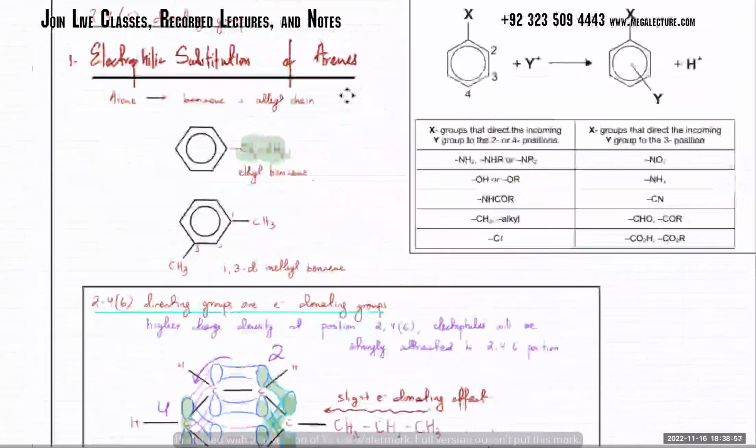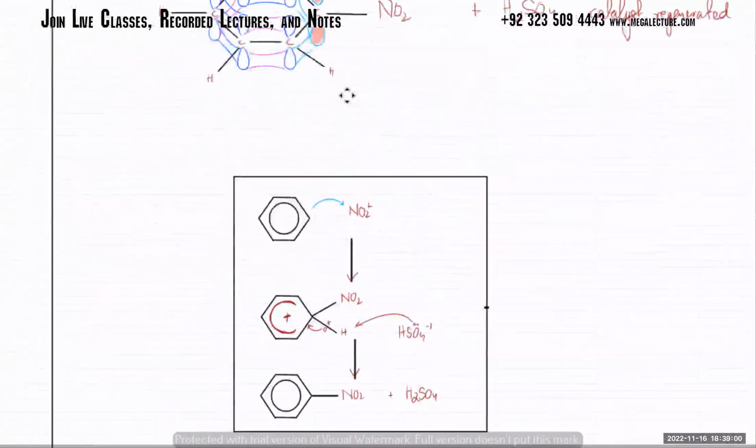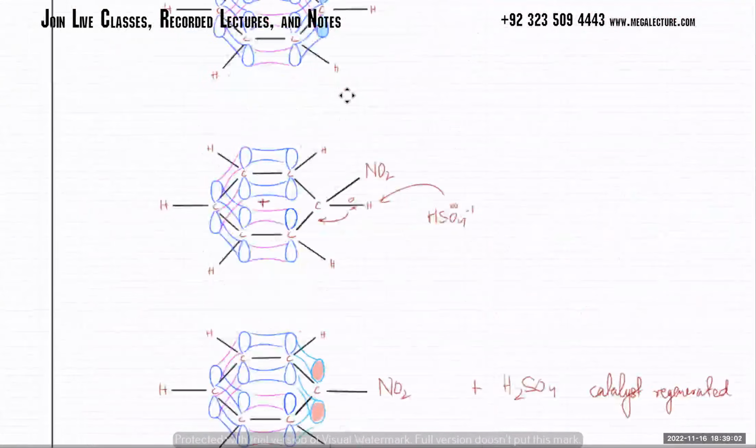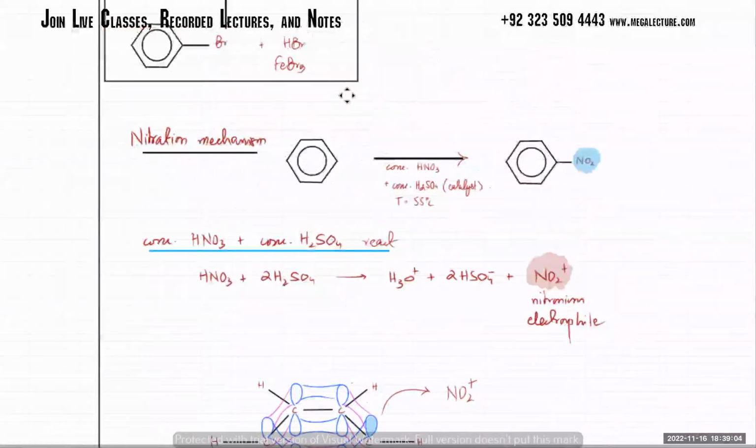ठीक है? और फिर finally you did the mechanism as well. ठीक है? वो याद रखना है. तो कि नाइट्रेशन में एग्जैक्टली होता क्या है. ठीक है?